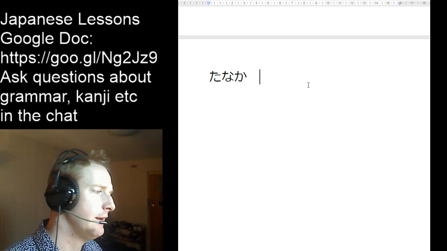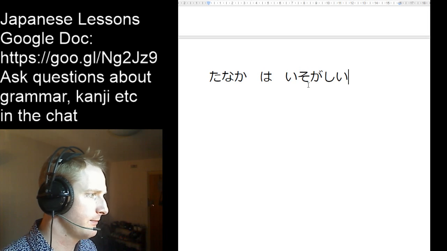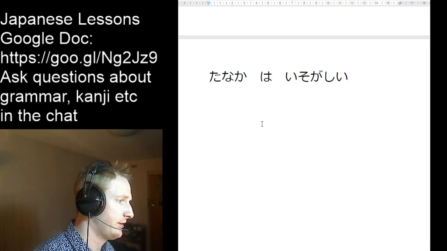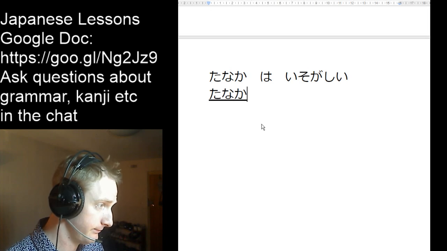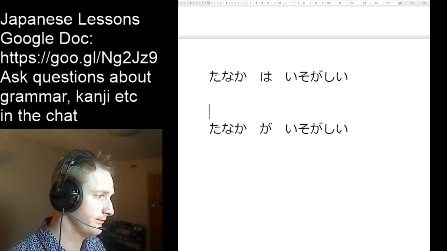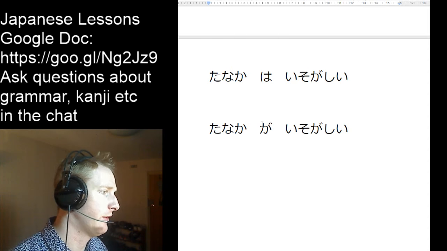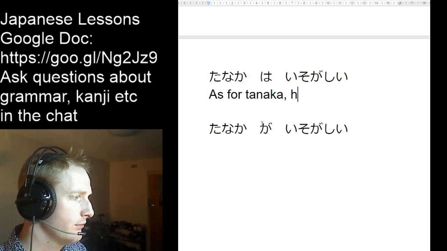We could say Tanaka wa isogashi. So as for Tanaka, he's busy. But we could also say Tanaka ga isogashi. Now what's the difference between these two sentences? Well, as for Tanaka, he's busy.